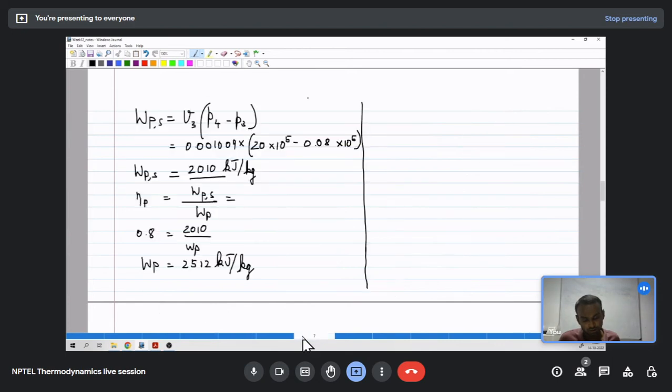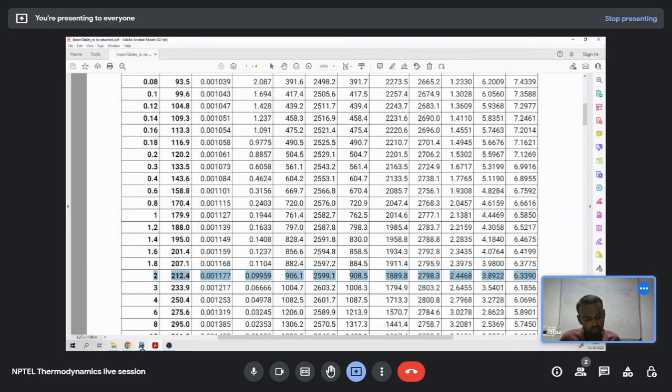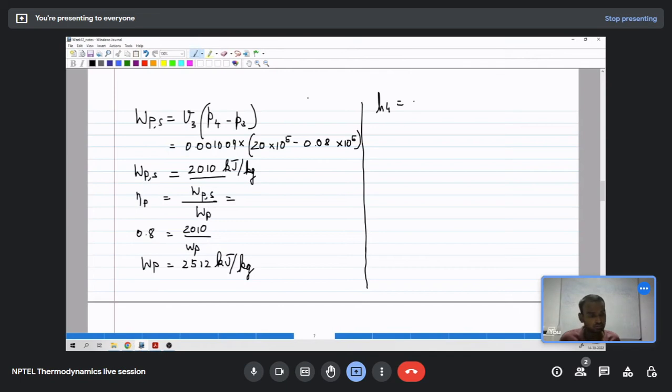So I write H4. H4 is 908.5 kilojoule per kg.